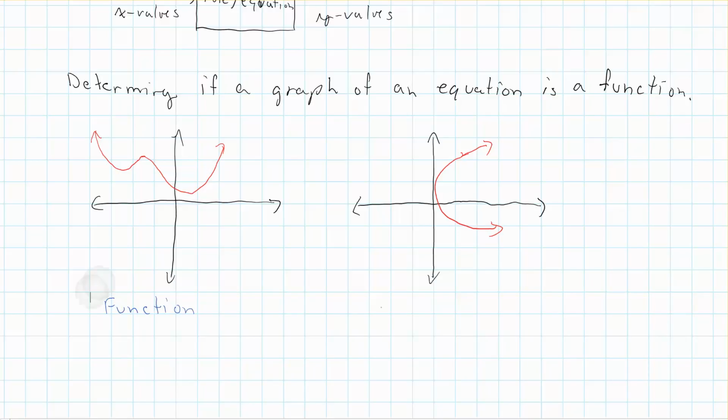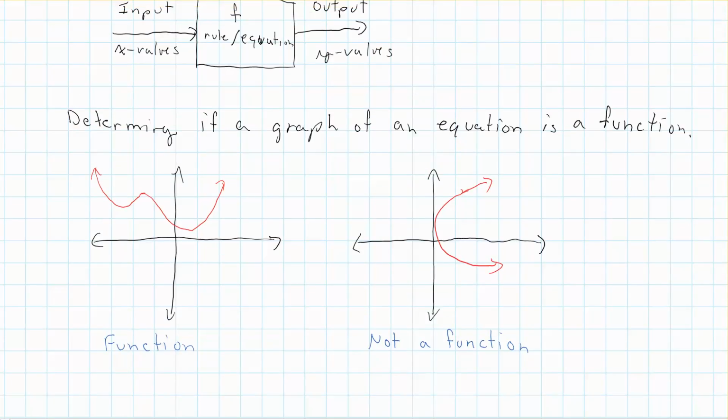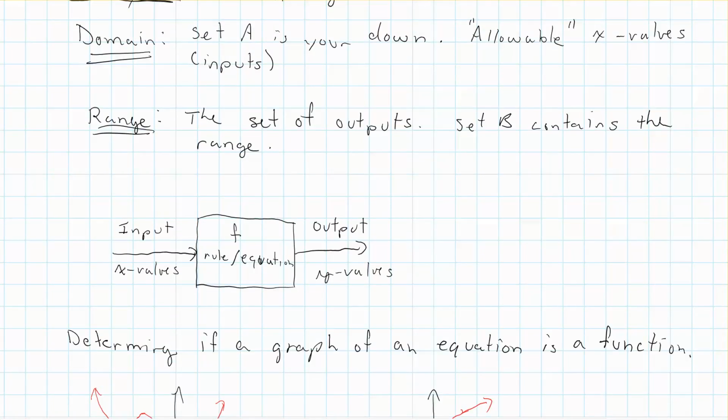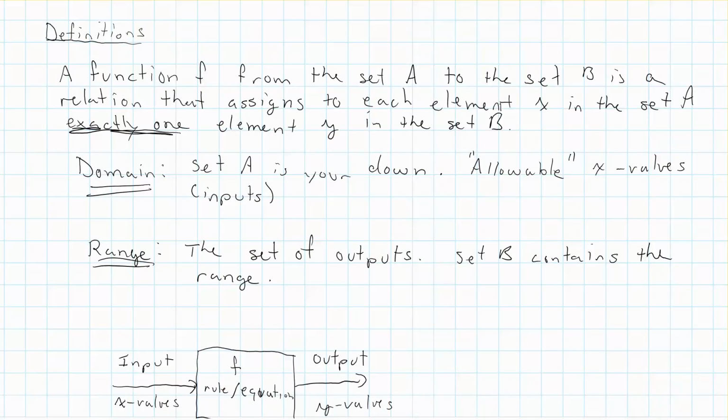This second one that I've sketched is not a function. Clearly there's something I can tell about this, but let's go back to the definition. The key thing is that each x value gets assigned exactly one y value.